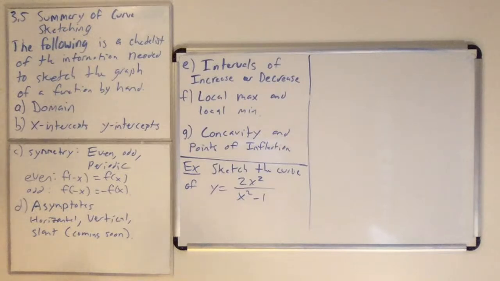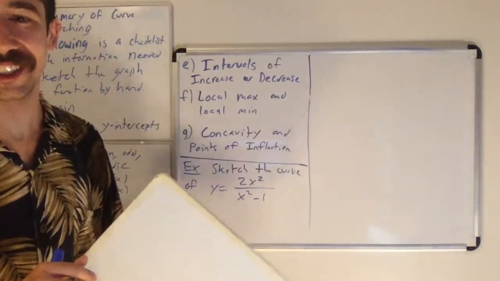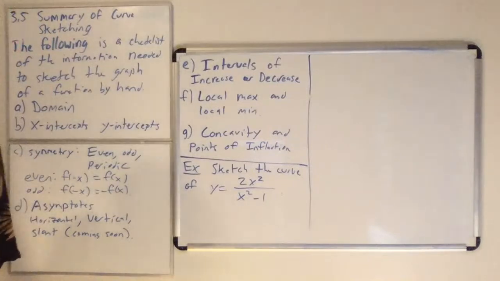So you're going to have to make sure you keep up with what I'm writing, so you have it in your notes, because at some points I'll have to erase it. I do have this whiteboard we could use also if we don't want to erase things. We'll figure it out when we get to that point.